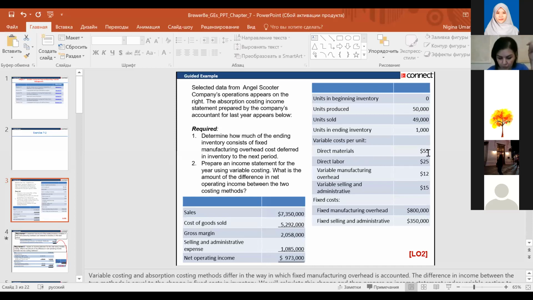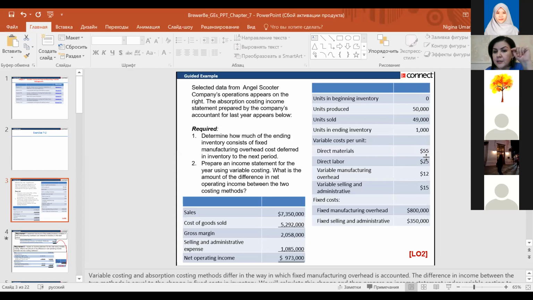Direct material, good. Plus direct labor. Plus variable manufacturing overhead. Again, tell me please. Direct materials, direct labor, and variable manufacturing overhead. Yes, exactly. So in the unit product cost, we include direct material plus direct labor plus variable manufacturing overhead.